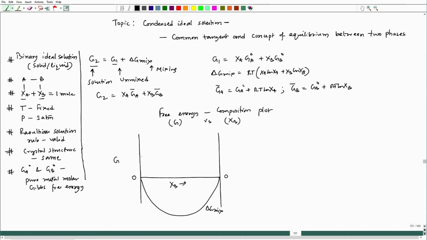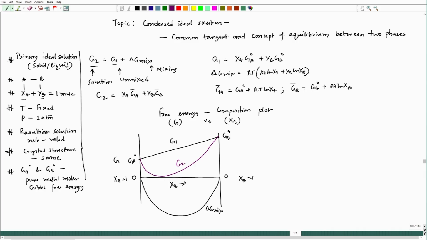And now we have these are the XB, this is GB naught, this is GA naught, pure condition, and here XA equal to 1 and XB equal to 1. Okay. So, then I can find out G1 here, this is G1, and then correspondingly I add up all the delta G mix values at different compositions, then I will get a plot like this. Okay.